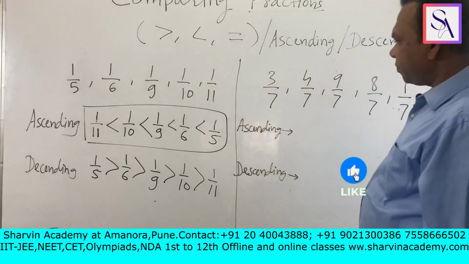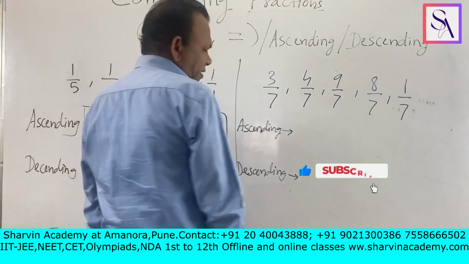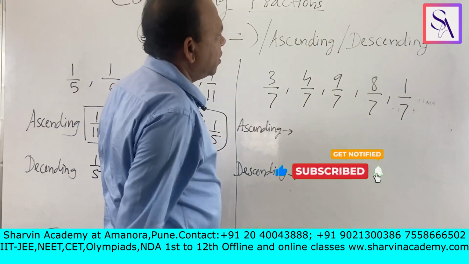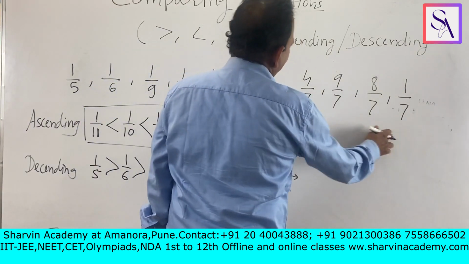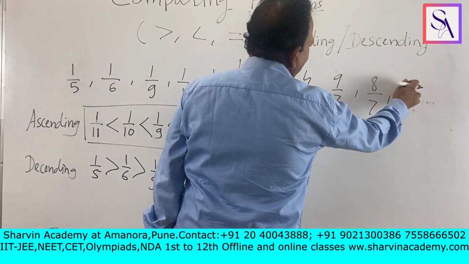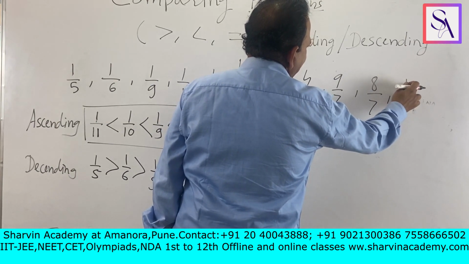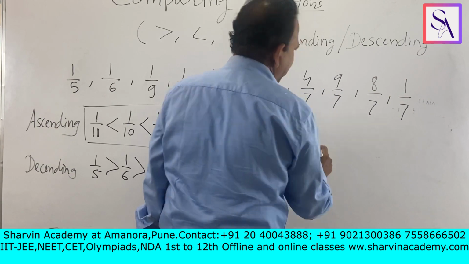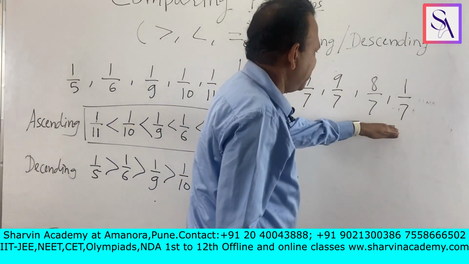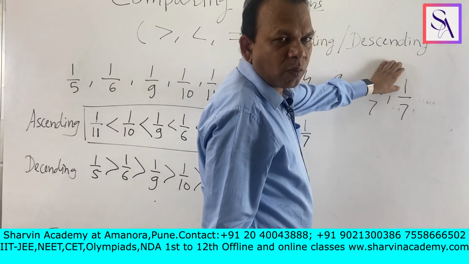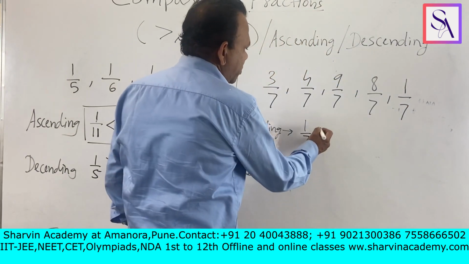If I have to write ascending, ascending means the smallest is first and it goes on increasing. So which one is the smallest? The smallest one is the one whose numerator is small. That is 1 by 7. We have seen that if denominators are the same, then the smallest one is the one whose numerator is smaller. So 1 by 7 is the smallest.